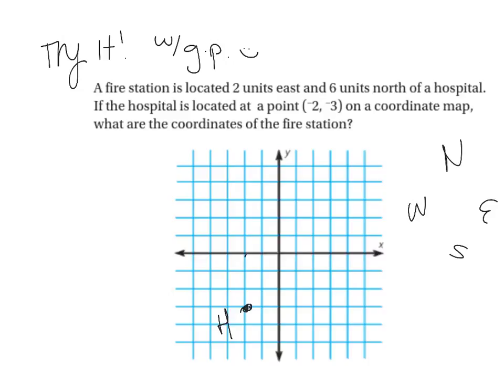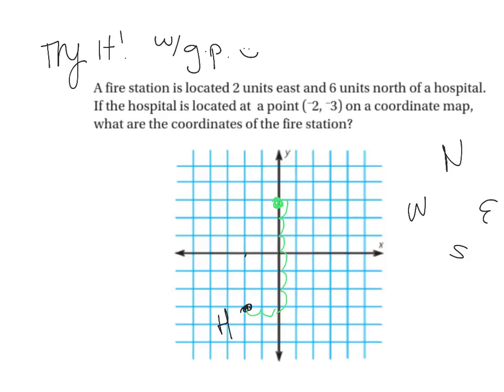The fire station is 2 units to the east, 1, 2, and 6 units north, 1, 2, 3, 4, 5, 6. And so what coordinate is that?